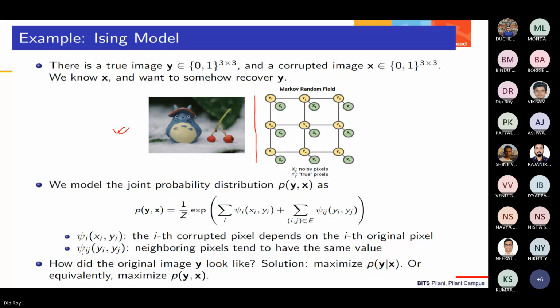This expression tells that the ith corrupted pixel depends on the ith original pixel. And this particular thing says that the neighboring pixels tend to have the same value. So the ith corrupted pixel, how did the original image look? Solution: maximize Y given X, or equivalently maximize Y and X.